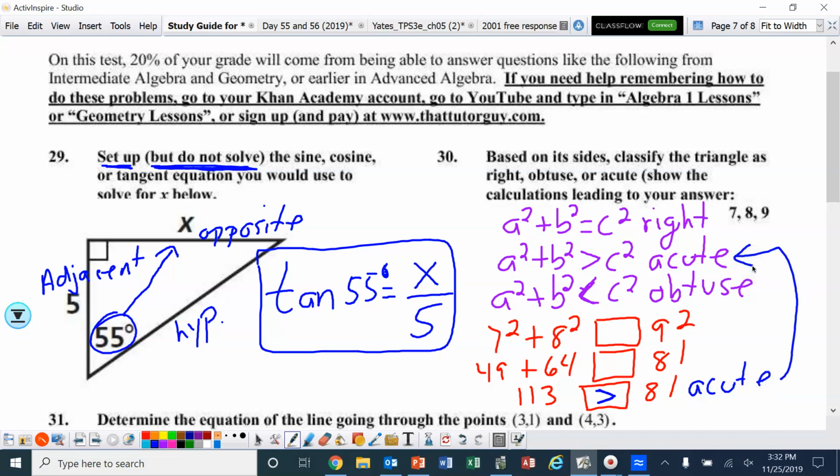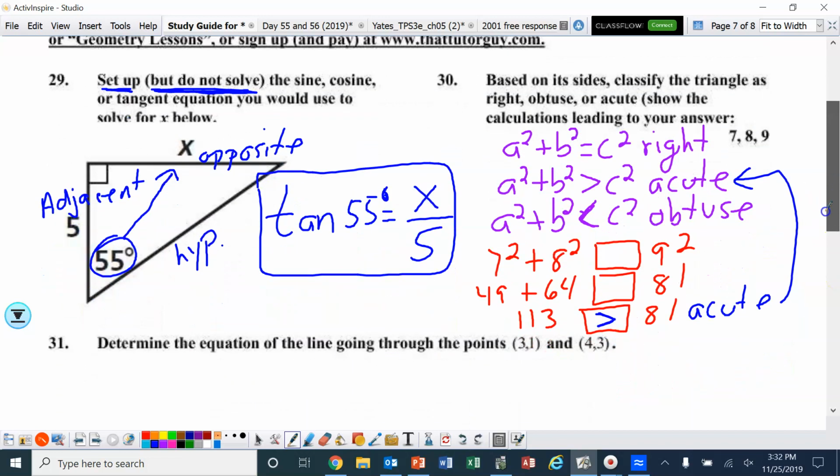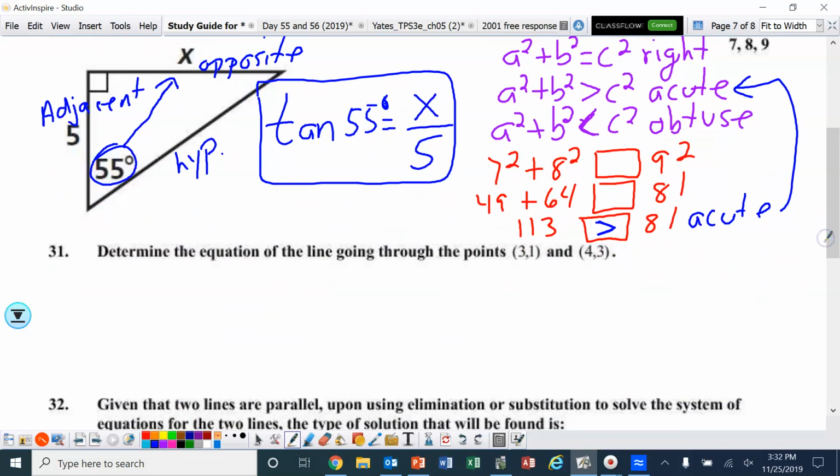All right, you're going to need to memorize that stuff, so it's not that hard. Little memorization doesn't hurt. All right, this next one, another review problem where we're going to need to use that point slope formula. Remember, y minus y1 equals the slope times x minus x1. So first we're going to have to find the slope.